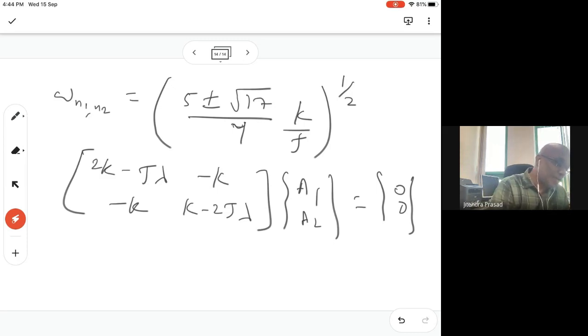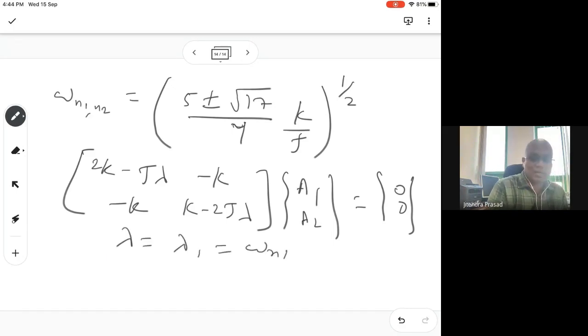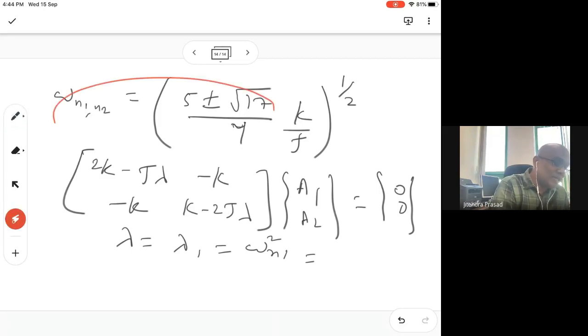You put lambda equal to lambda 1, equal to omega n1 square, let's say. Let's say this is the smallest one. There will be two natural frequencies. 5 minus root 17 will be the smaller one, and 5 plus root 17 will be the larger one.